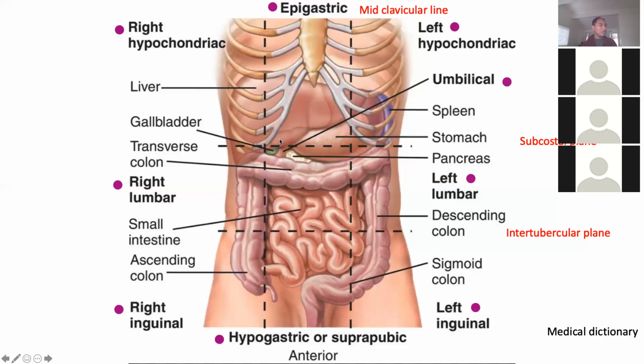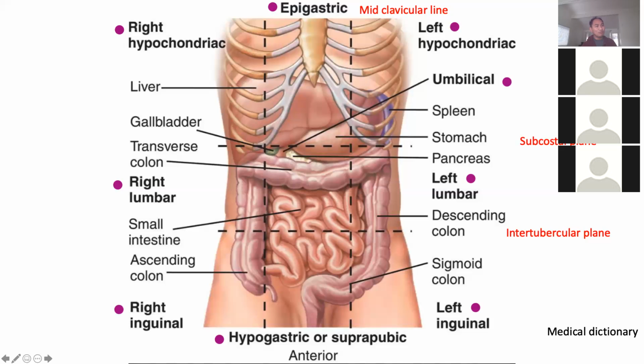Then the right inguinal or right iliac region and left inguinal or left iliac region, because it is close to the ilium.